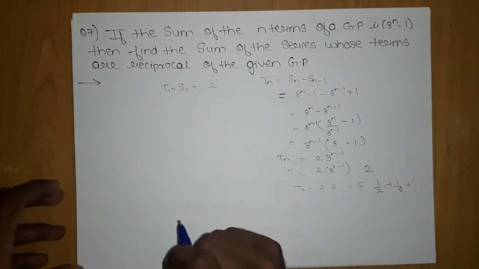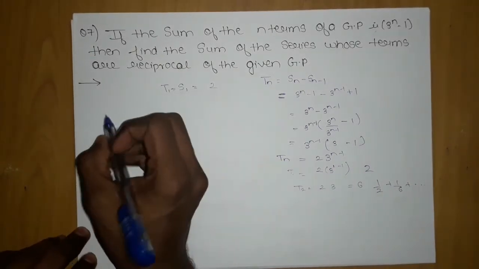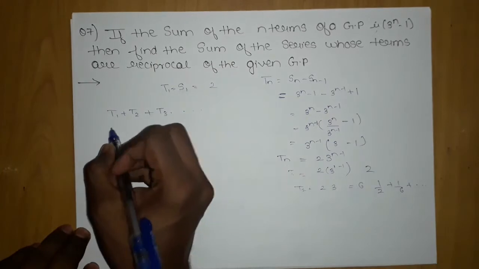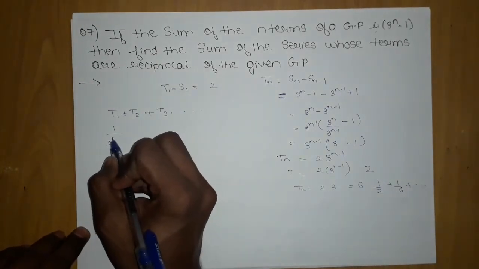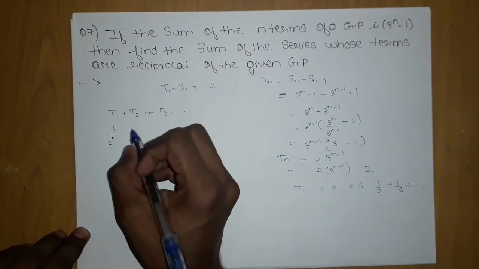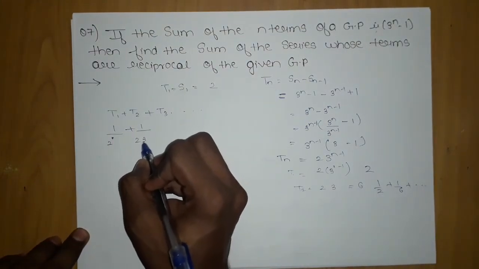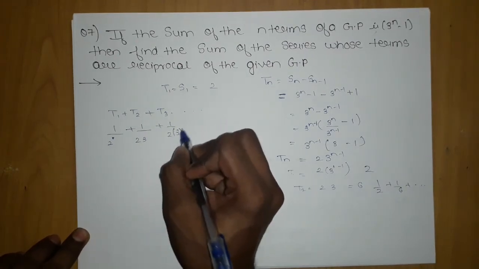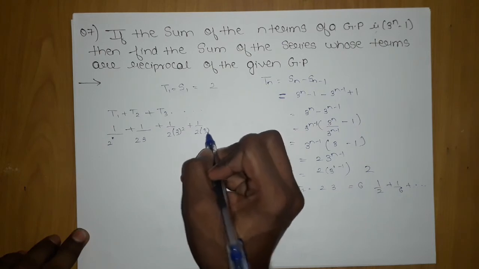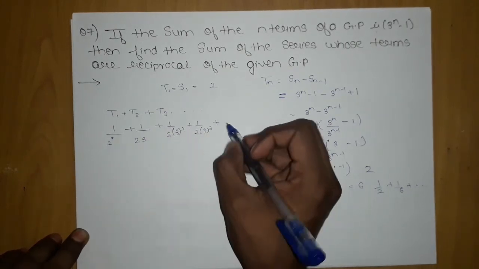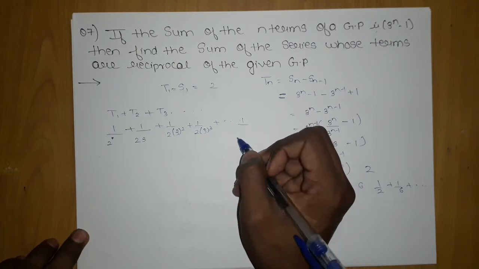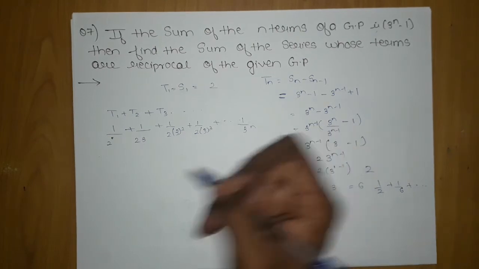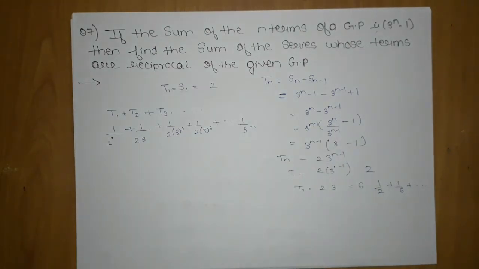If I write it as 1 by T1 plus 1 by T2 plus 1 by T3, and so on, the first term will be 1 upon 2 into 3 power 0, the second term 1 upon 2 into 3 power 1, the third 1 upon 2 into 3 power 2, and the last term 1 upon 2 into 3 power n minus 1.